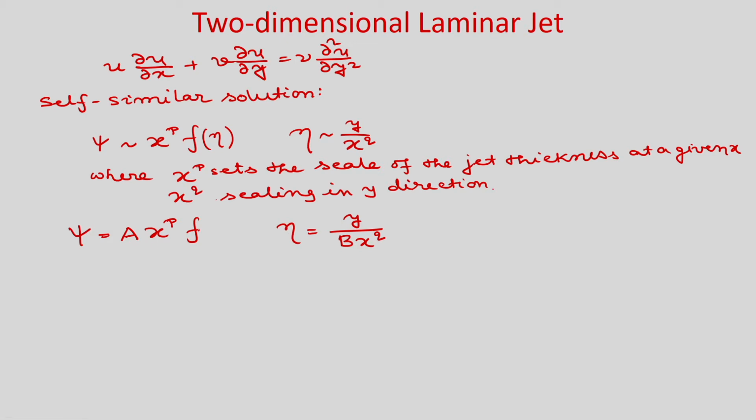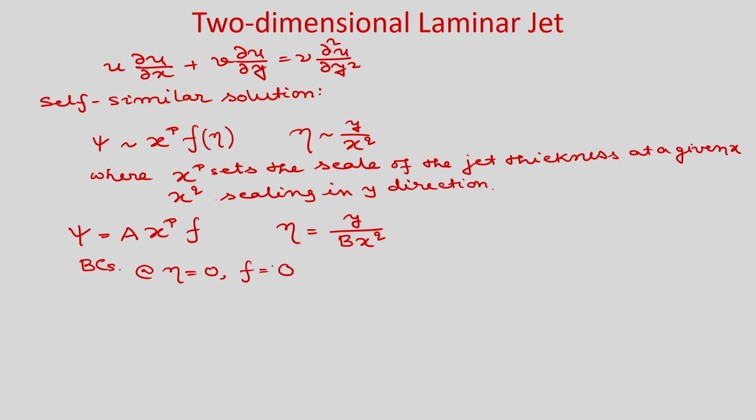So, what are the boundary conditions in terms of f? So, you can see that at eta is equal to 0, obviously, we can say that psi will be 0, and so at y is equal to 0, we can have the symmetry line and psi will be constant. So, f will be 0. Okay.